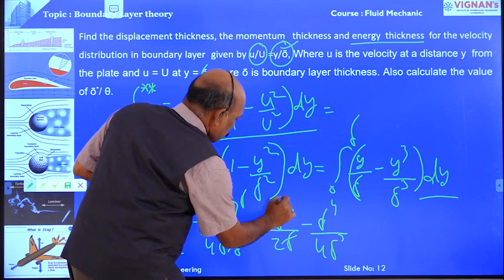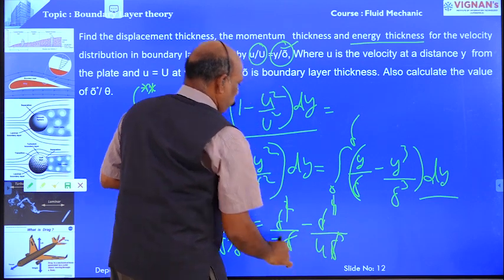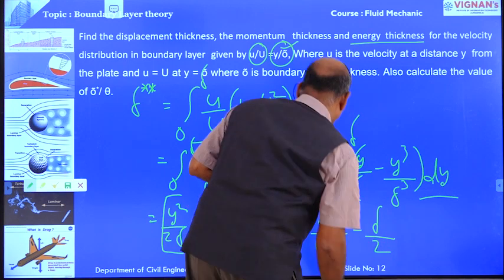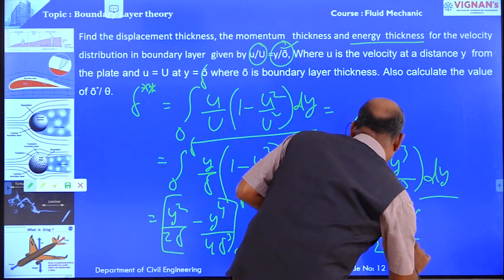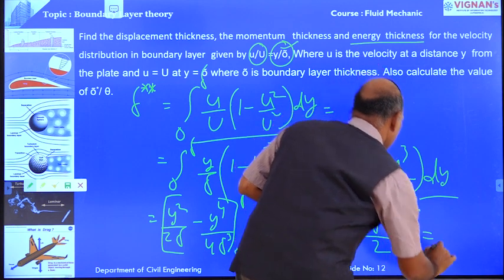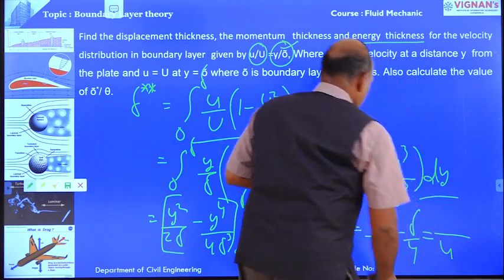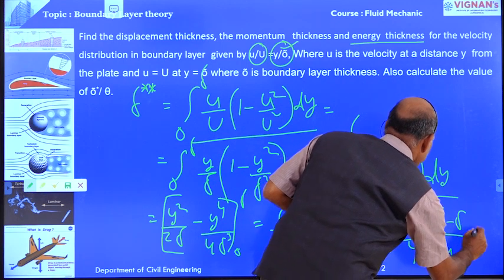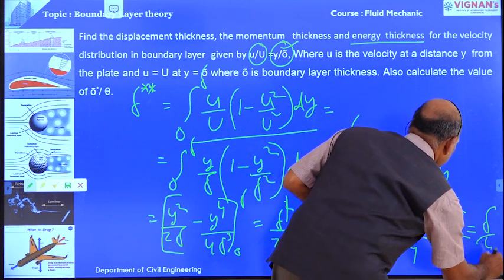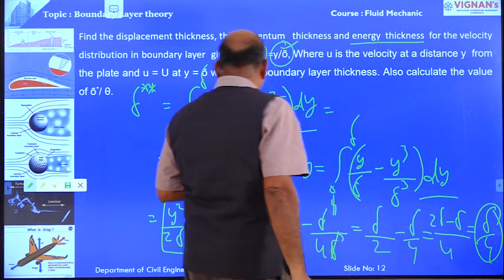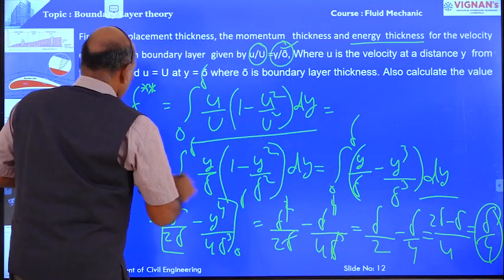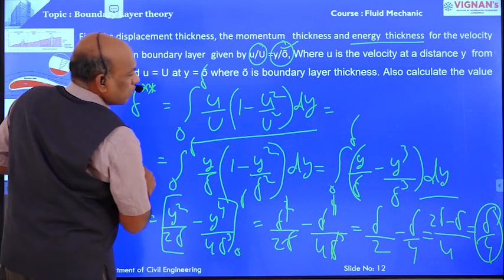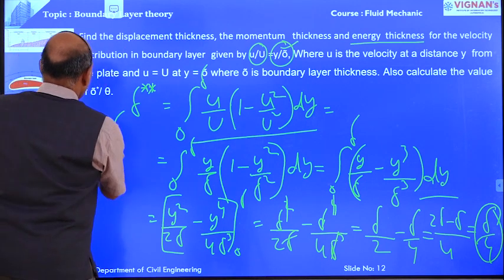Delta square cancels, delta cube cancels. This is equal to delta by 2 minus delta by 4. Taking 4 as the common denominator, 2 delta minus delta, this is equal to delta by 4. Therefore, the energy thickness, delta double star, is equal to delta by 4.